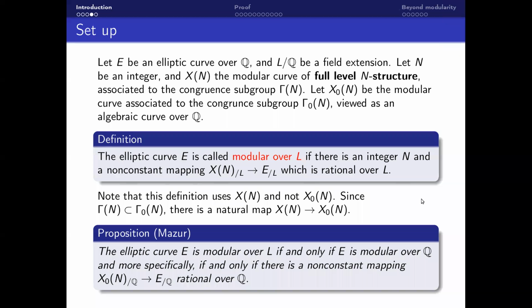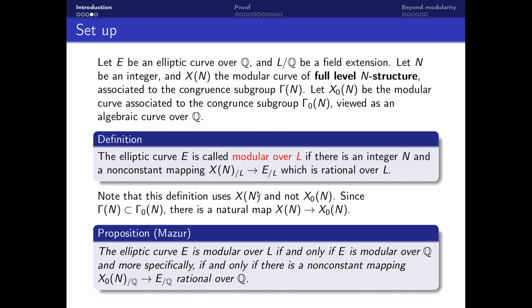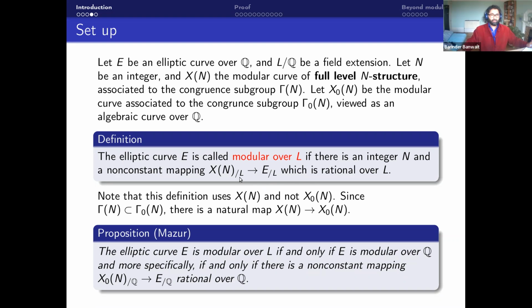I just want to confirm one thing. So this X(n) with full level n structure, that's also defined over Q, right? For all n. Yeah, I mean, it should be, otherwise you cannot extend. Yes, I guess it can be given a model over Q, but then I believe it is geometrically disconnected. So I think if you go over Q(zeta_n), then it becomes connected. This follows from the Weil pairing or the Deligne-Rapoport interpretation of that modular curve.